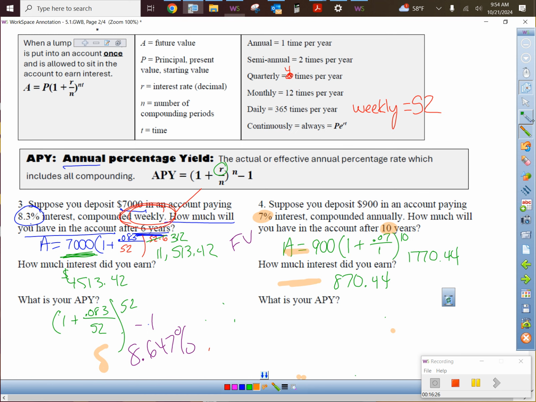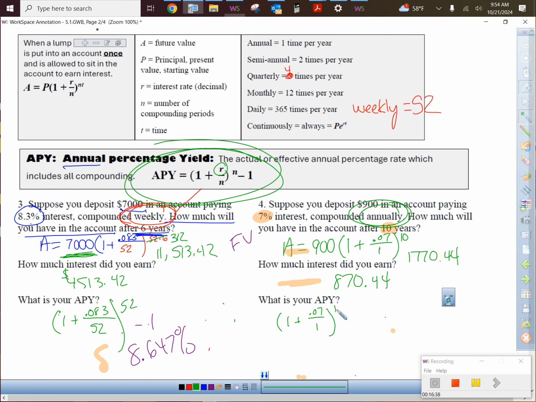And then what's your annual percentage yield? I'm going to use this formula. So 1 plus 0.07 over number of times. Since they say annually, that's going to be 1. Raised to the number of times, that's going to be 1, minus 1.